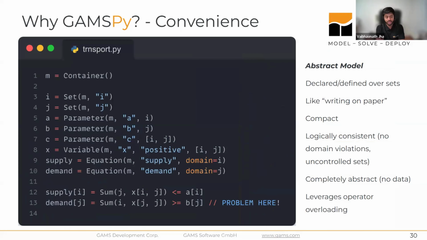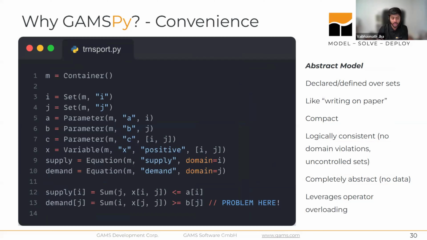And again, the convenience, as we saw in the case of the matrix interface. Here as well, if we look at line 13 where we define the demand constraint, let's say instead of specifying x_ij, I specified x_jj. Because in GAMSPy everything is defined over sets, it's logically consistent everywhere.